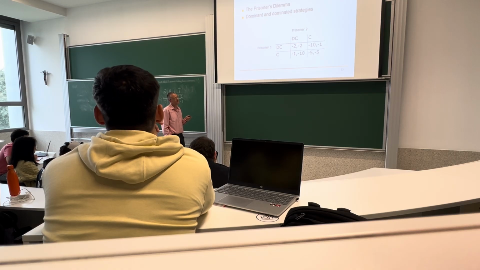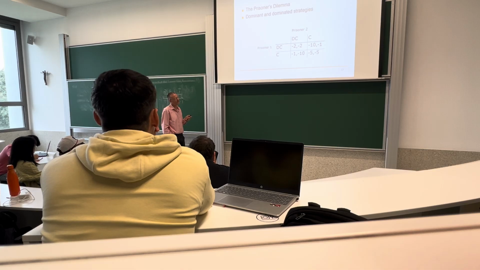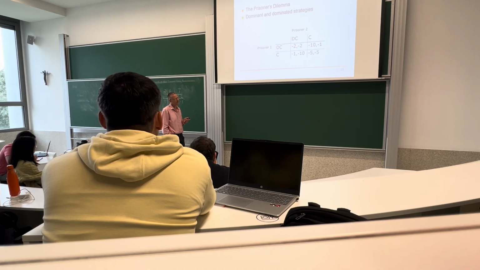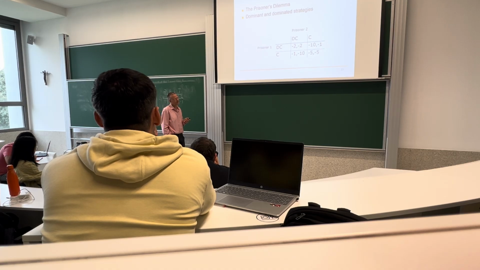If one of them doesn't confess, but the other does confess, the guy who's not confessing is incriminated by the other guy and gets 10 years in prison, and the second guy only 1, so it's less than the 2 if both do not confess, but much better than the -10. Although -2 is not the best you can get.